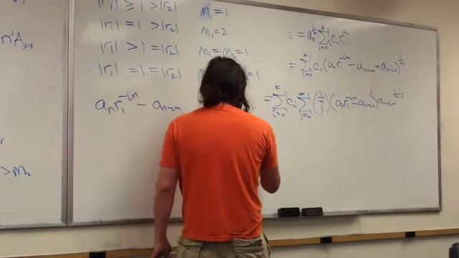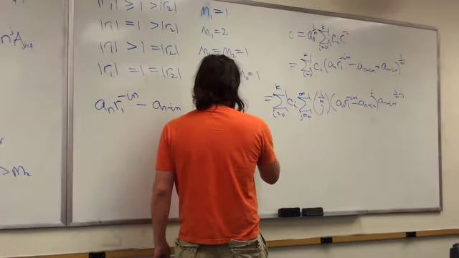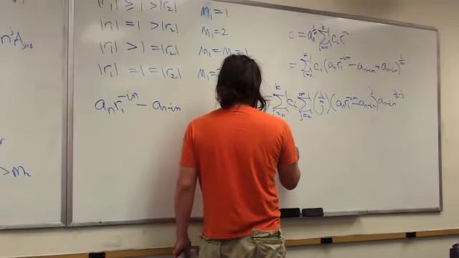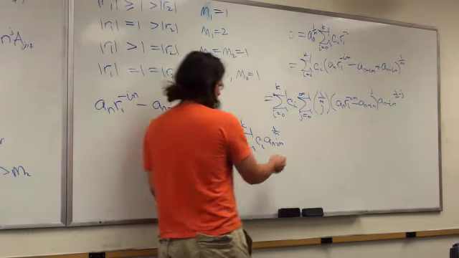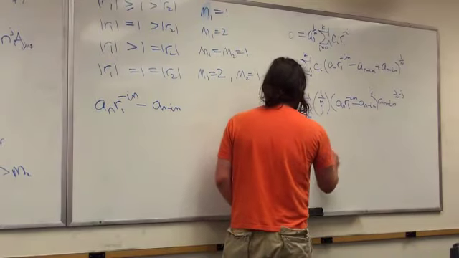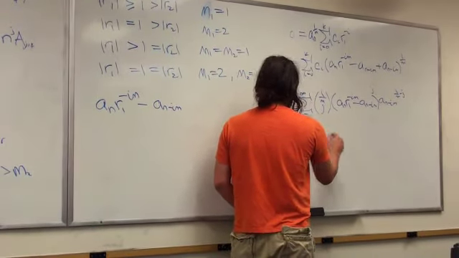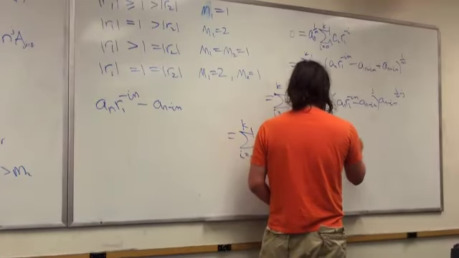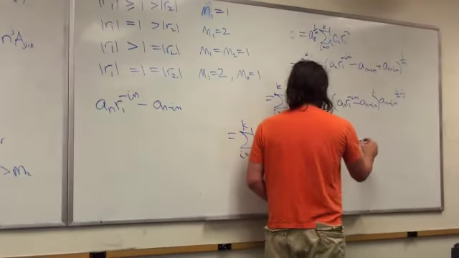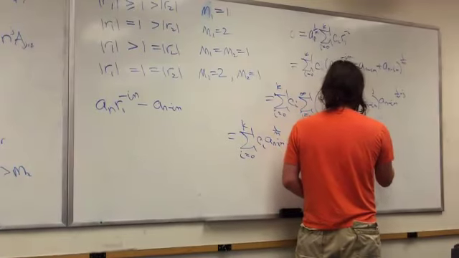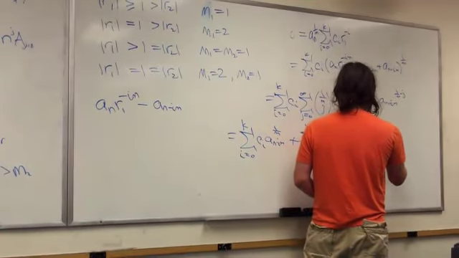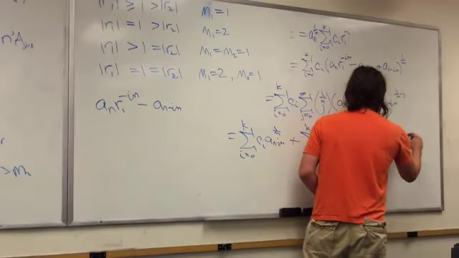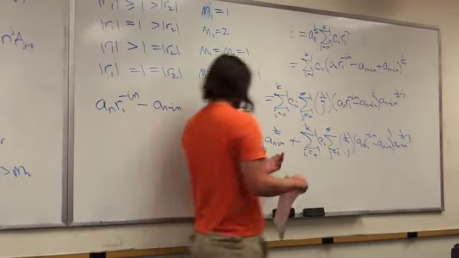I get exactly a to the, I get this, and then plus this whole thing again, but starting from j equal to 1. Which is nice because this is what I was looking for.